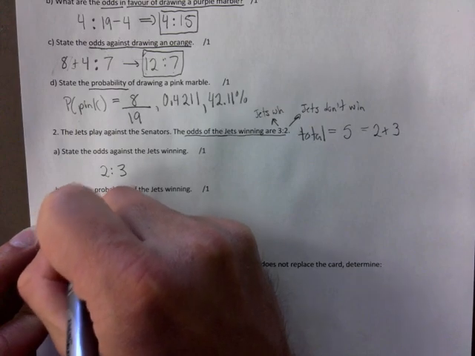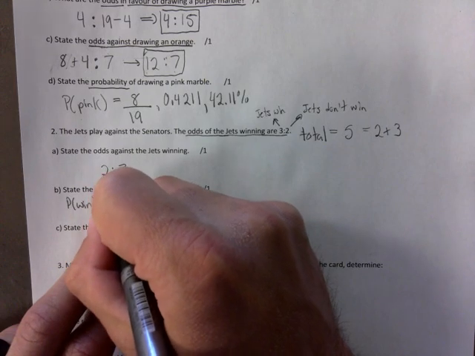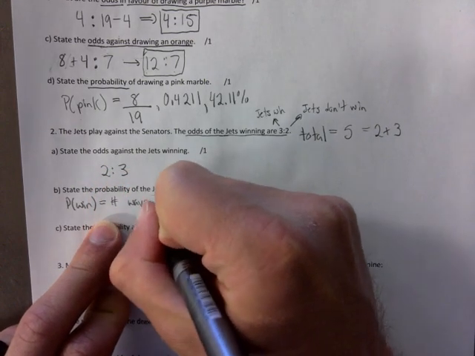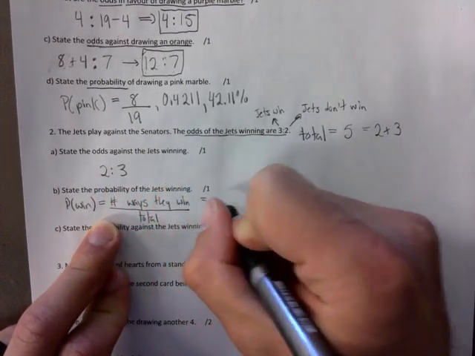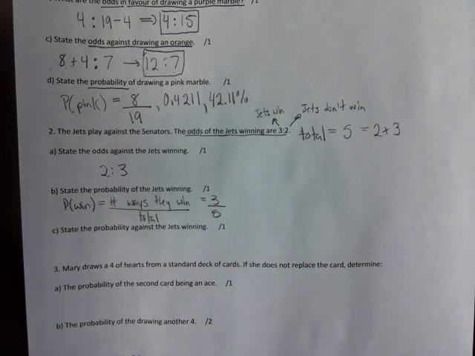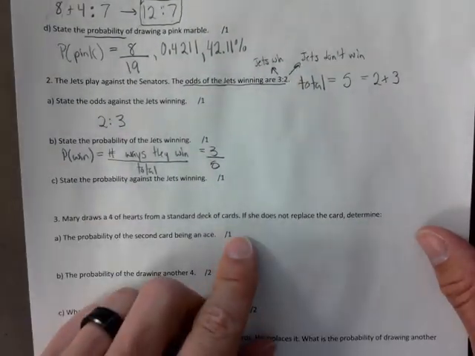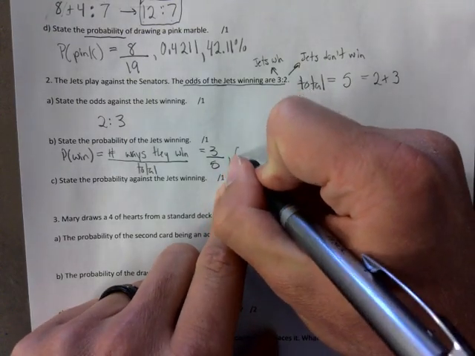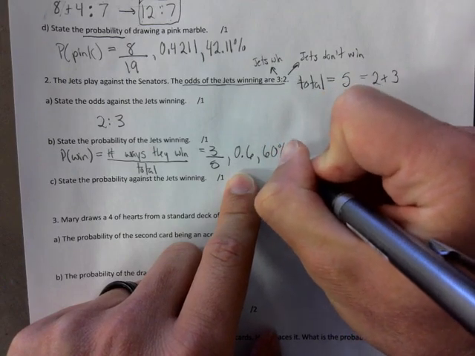So the probability that they win equals the number of ways they win over the total. So that would just be 3/5. Again, if you converted, this would be 0.6 or 60%.